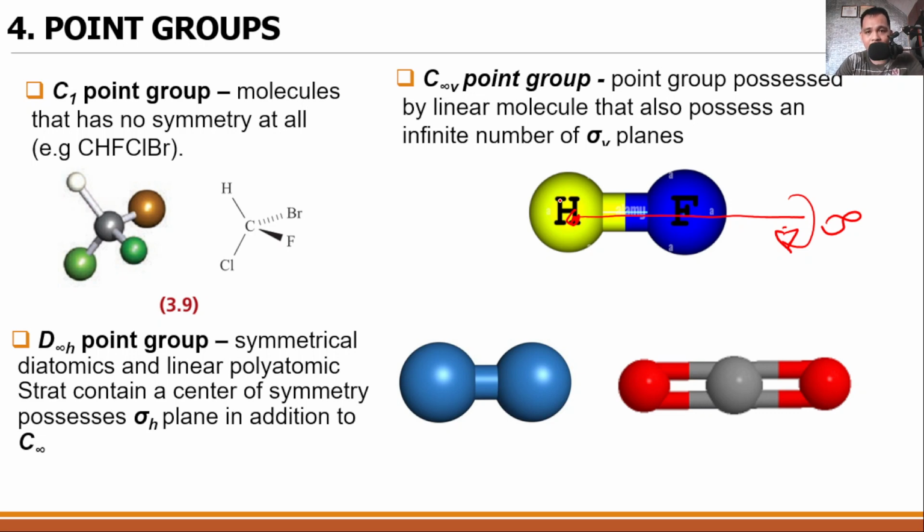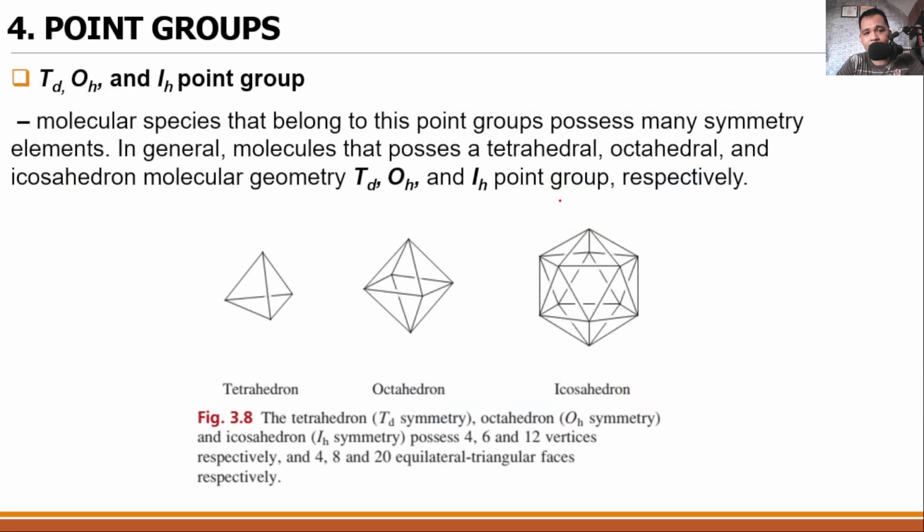So ayun. So the TD and OH point group are this one. Ayan. We have tetrahedron, we have octahedron, and icosahedron. So it is only possible, let's say for example, ayan, yung H natin, methane, perhaps. Ayan. It is only true for all of this if and only if they only contain same bonded atoms to each other.